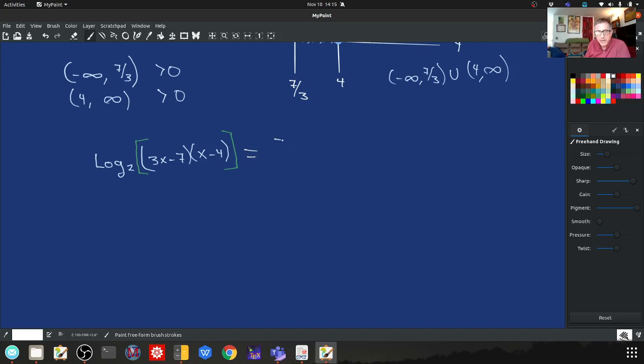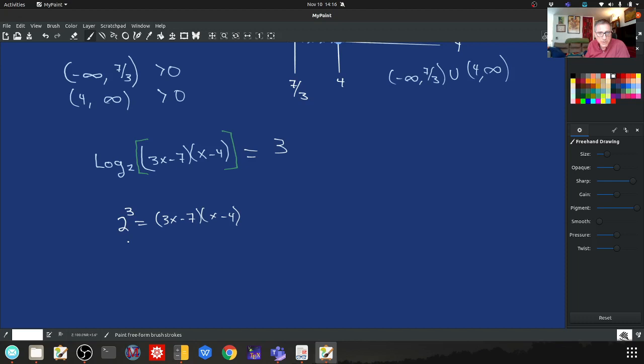The log is equal to 3. So let's just use the definition. This by definition says 2 raised to the third power is equal to the input value to my log function, 3x minus 7 times x minus 4.